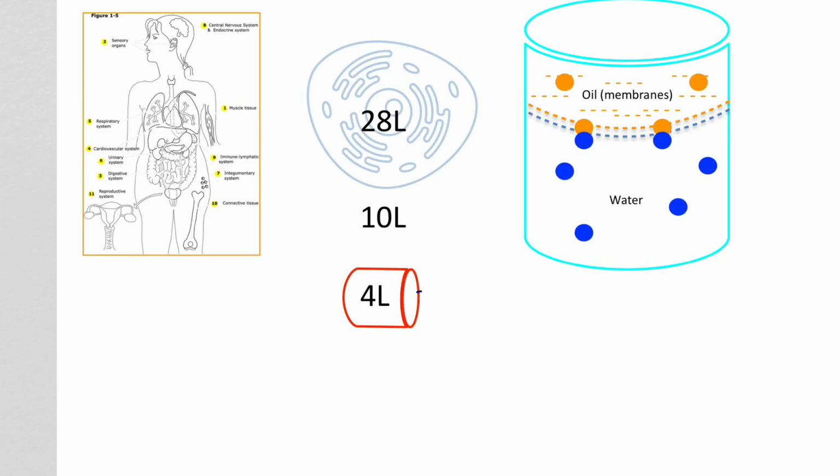So besides the bloodstream, water is also an important component of other biological fluids. For example, the synovial fluid in joints has water. Urine, of course, is mostly water. Cerebral spinal fluid, the fluid around the brain and spinal cord, has water. Saliva has water. The lymphatic fluid has water.